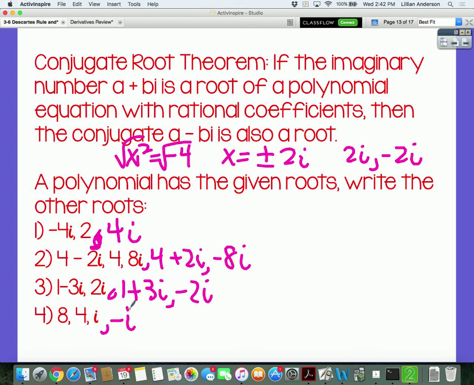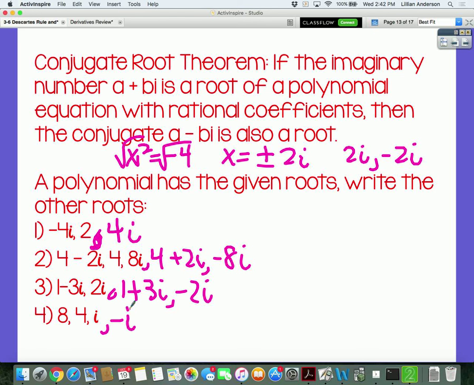Now, to loop it back, if this has 3 zeros, real or imaginary, this is a polynomial with a degree of what? 3. It doesn't matter if they're real or imaginary, this is going to be a polynomial of degree 3. Its largest exponent is going to be 3.